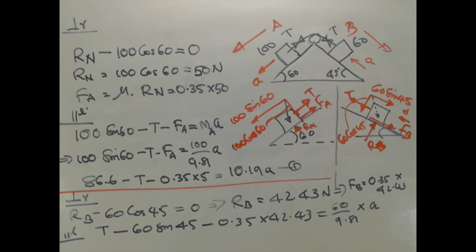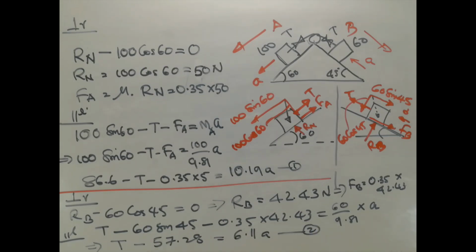Okay, so when you simplify this, you will get T minus 57.28 equal to 6.11a. Let this be equation number 2.